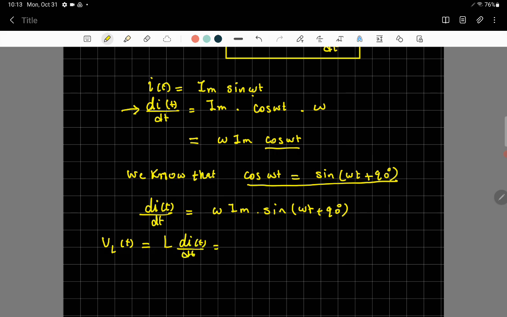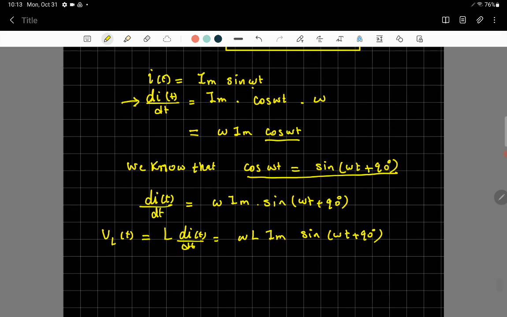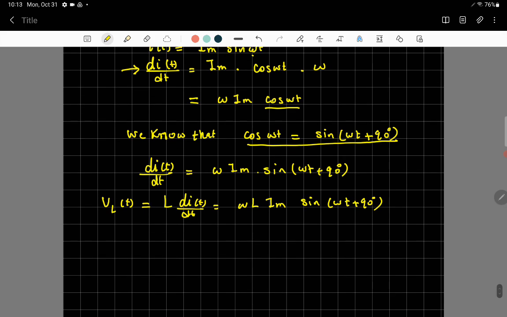I multiply this equation at the top by L, so we get omega L Im sine omega t plus 90. That's the VL.